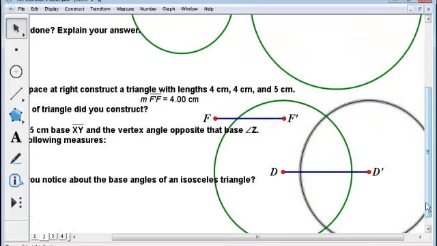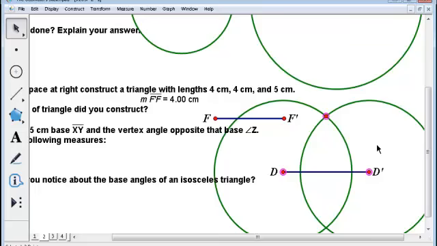And now notice there's 2 places that you can select to create this triangle with sides of 4, 4, and 5. You can select the intersection above or the intersection below the original line. So I'm going to go ahead and just select the intersection above. Notice I'm highlighting all 3 of the endpoints of my triangle.